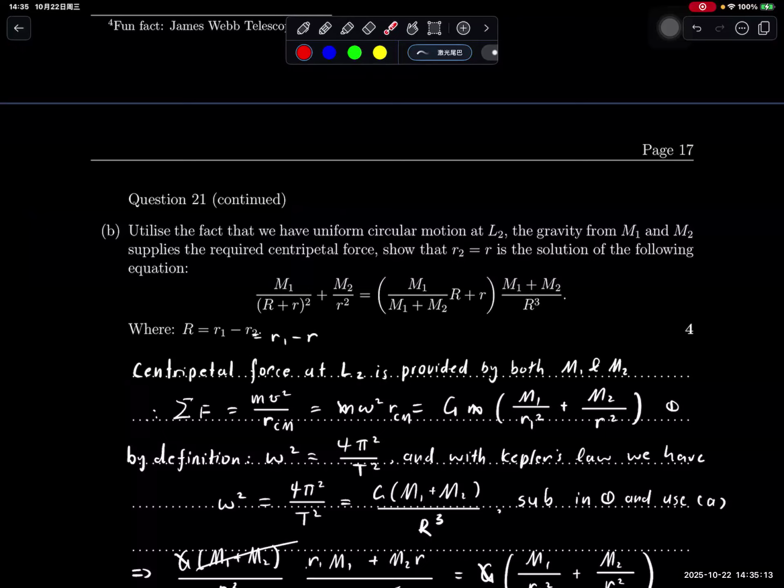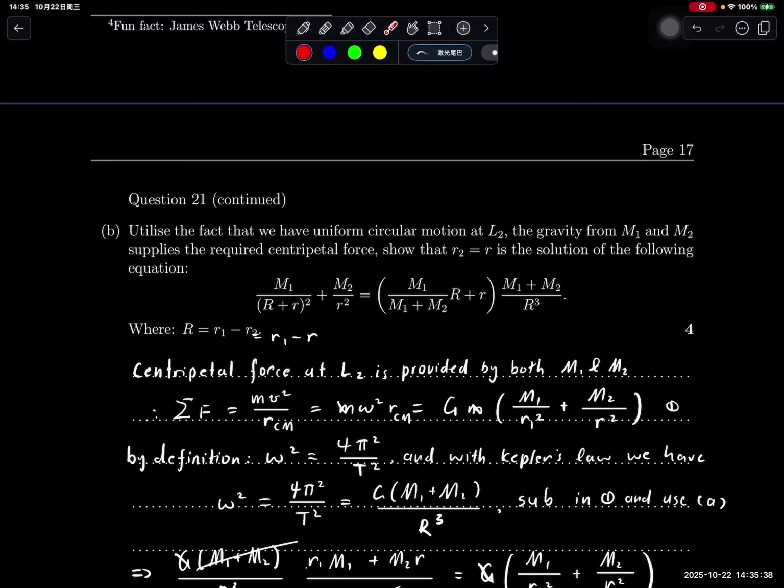What you're supposed to do is consider the net force equation, and make sure you use the omega version, because the omegas are the same. Lagrange points rotate synchronously with the planets, so omega for the planets and for the satellite is the same.